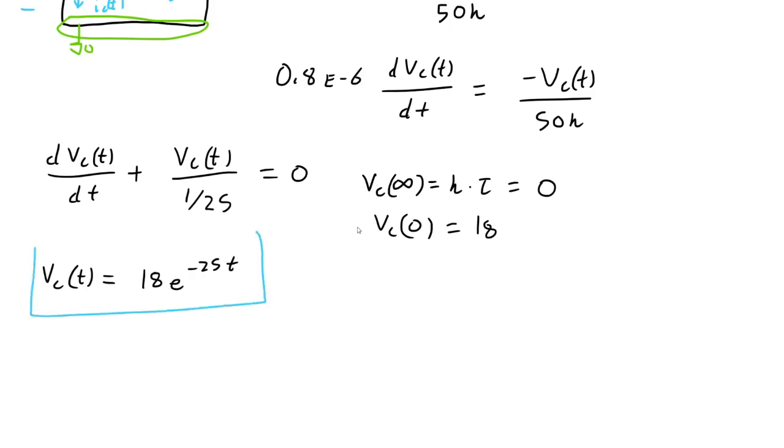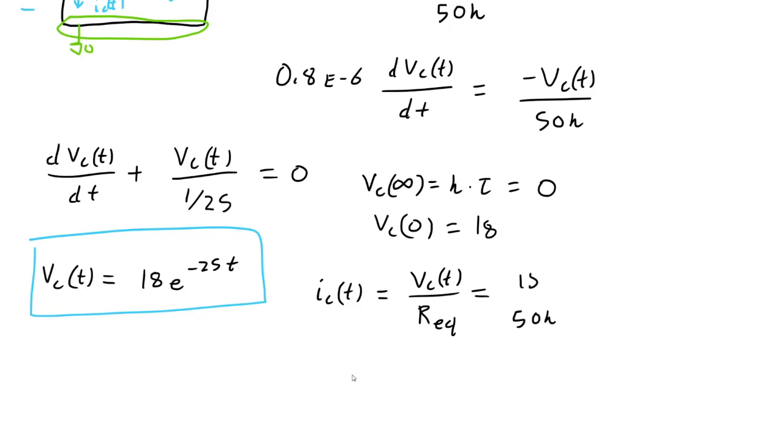And we can use that to find ICT. ICT is going to be VCT over REQ. And REQ is 50K.